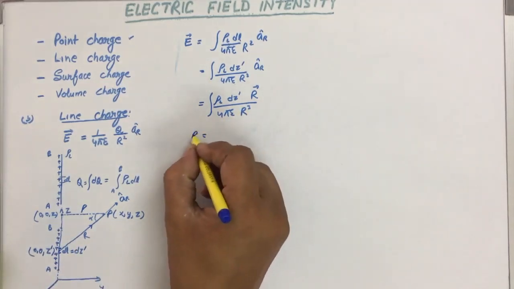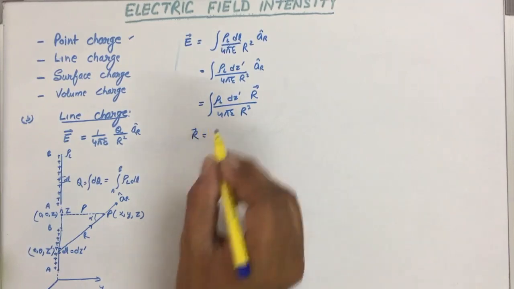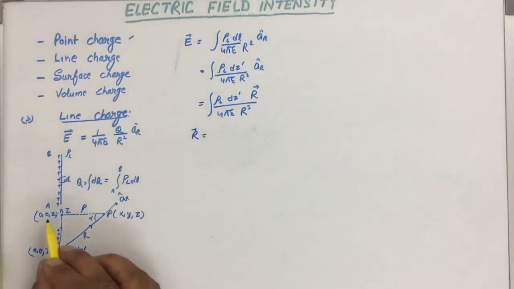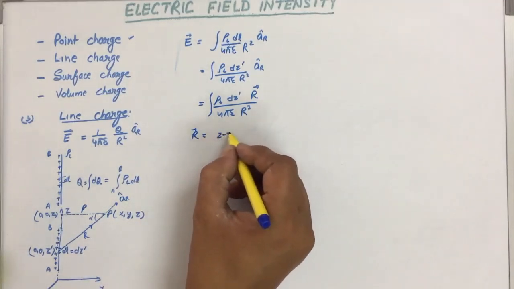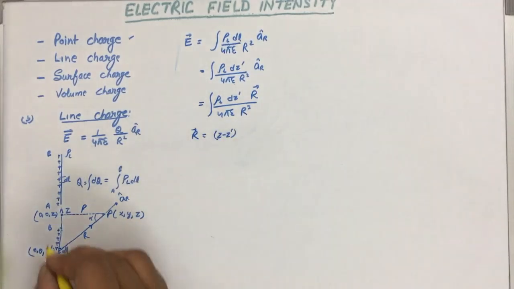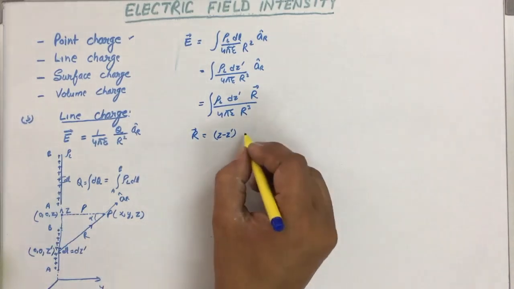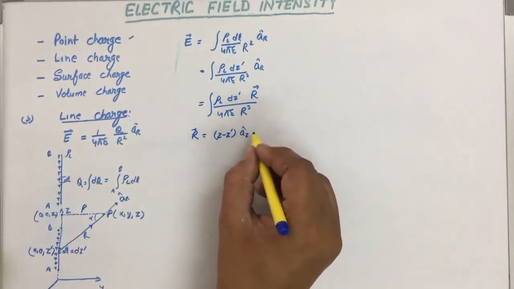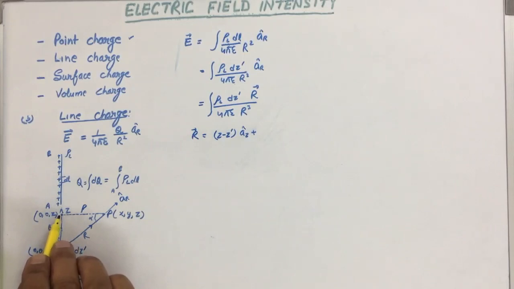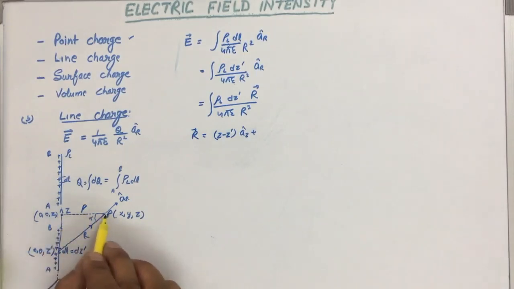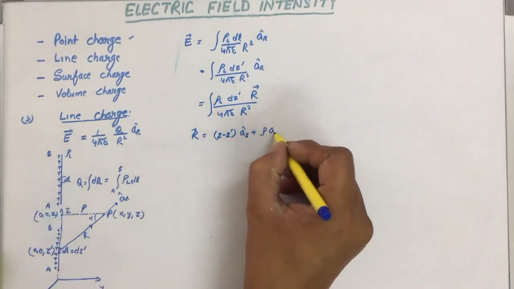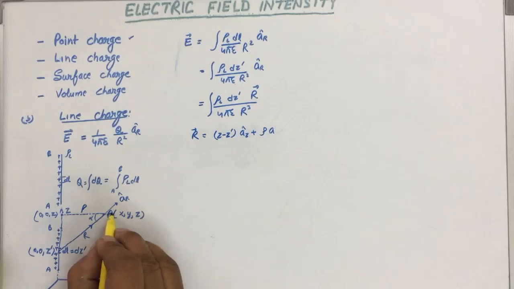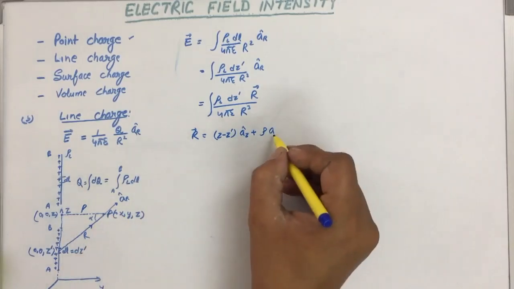if we wish to find r, this is the final minus initial: z minus z dash (the remaining components are 0, so don't worry about that) plus rho in the direction of a rho.